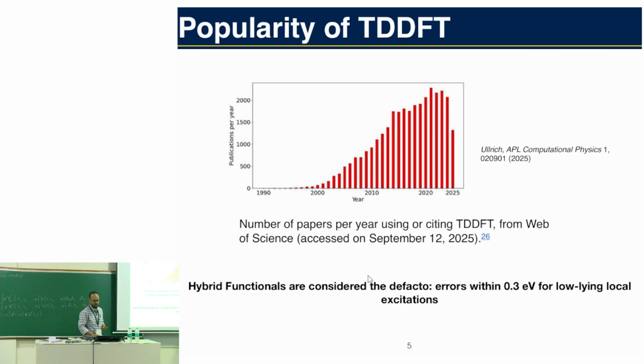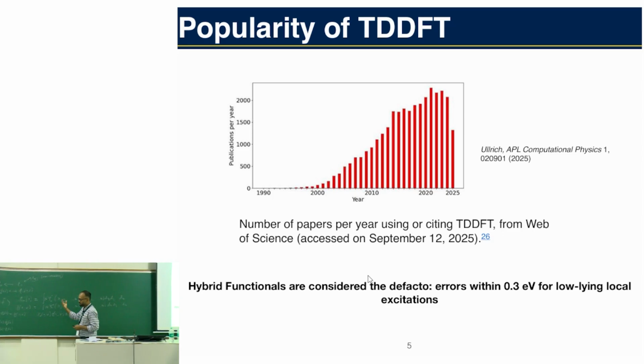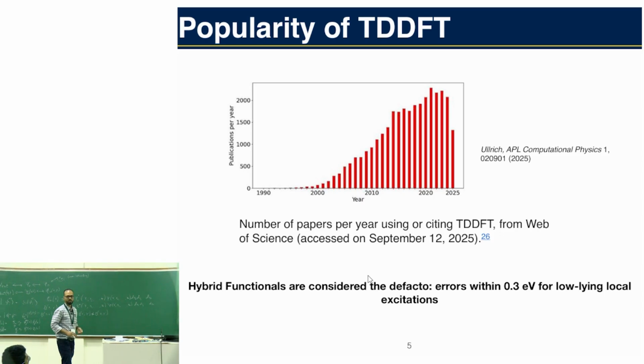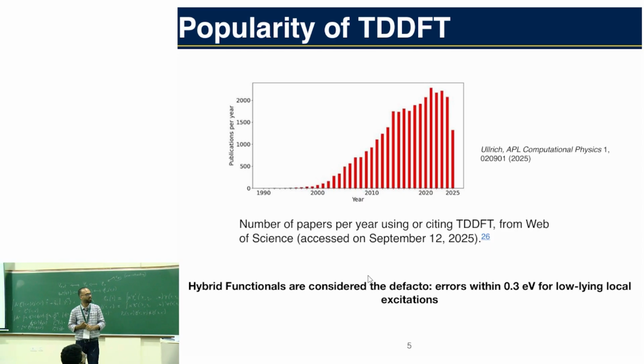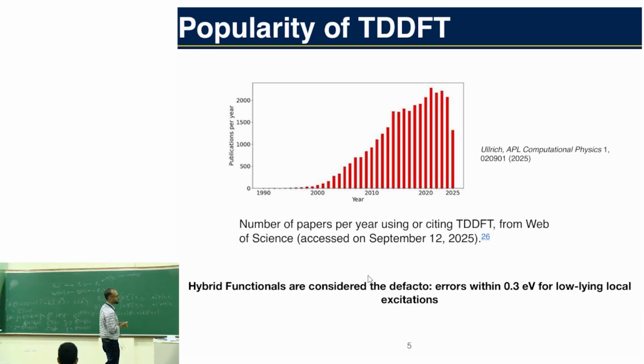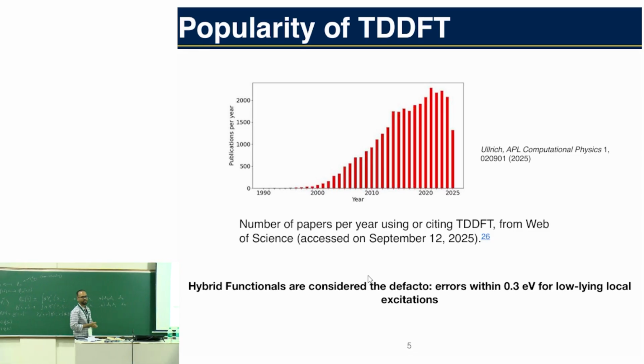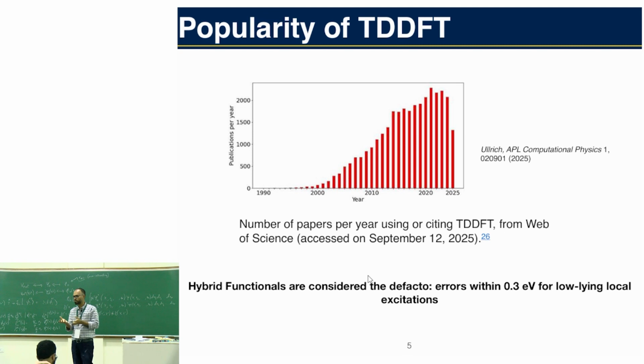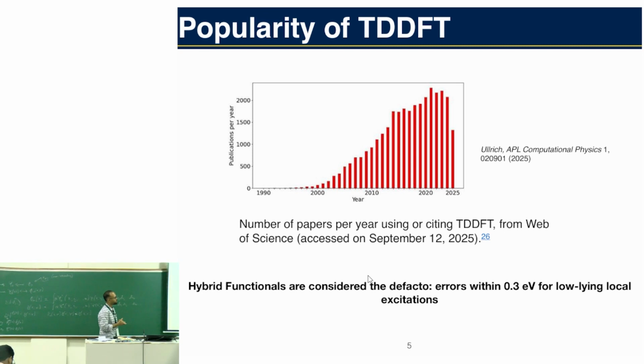Now, you try to use DFT for energies and other types of static properties, but you can also use it for many of the dynamic properties. So that is the other reason DFT has become very popular. In the present age where you want to study how you can harness light, say, to generate energy, or to do a chemical reaction, it becomes very important to understand how light interacts with matter. So that is one more reason TDDFT or DFT methods have become very popular.